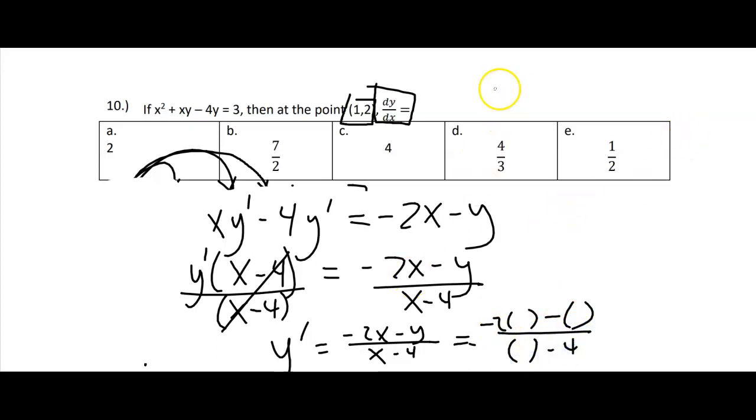Now the x value is 1, so I'm going to plug that in here and here, and the y value is 2. And so I'm going to end up with negative 4, it looks like, over negative 3. The negatives cancel because they're both negative, and I'm left with 4/3 as my slope. So that's how you find the derivative at a specific point for a function in implicit notation.